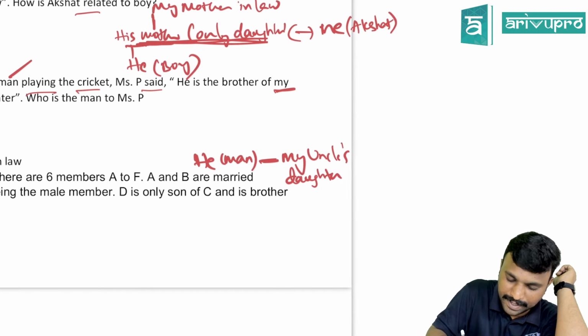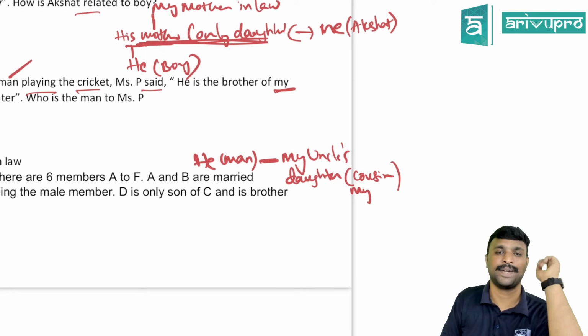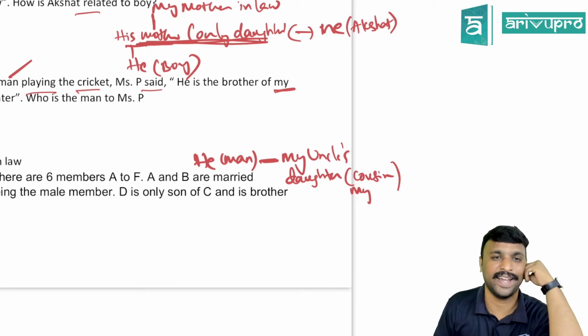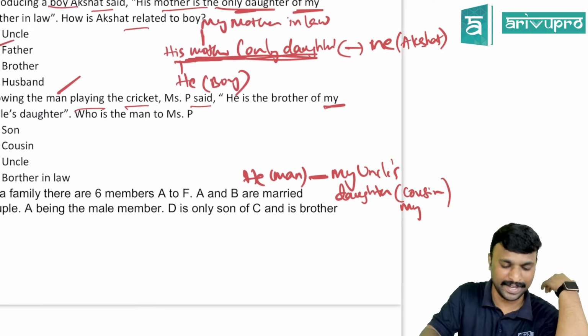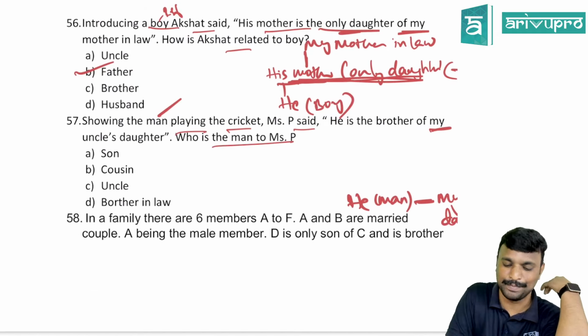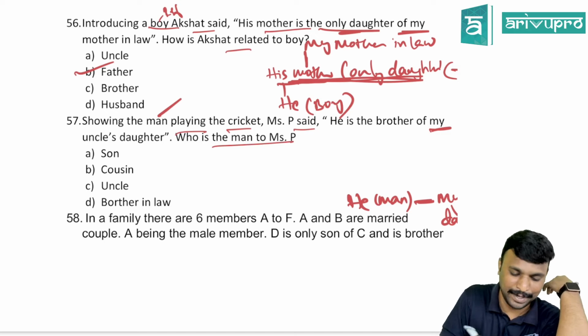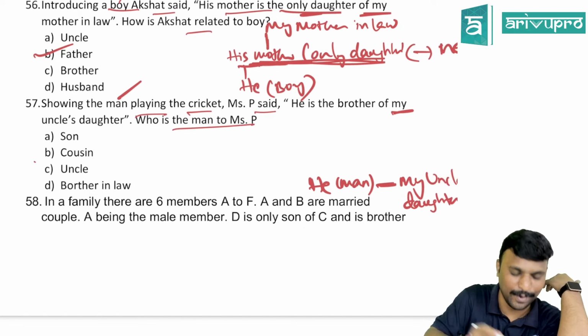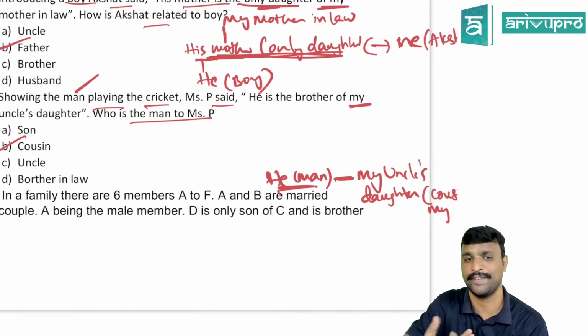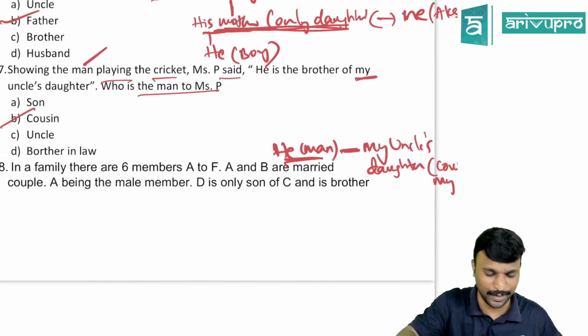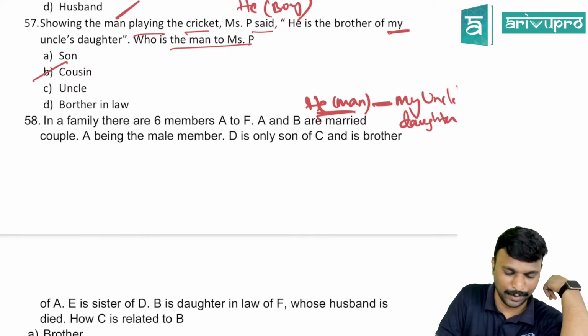Nothing but a cousin, right? Whose cousin? My cousin. Guys, brother of my cousin will be my cousin only, right? Brother of my cousin or sister of my cousin will be my cousin only. Who is the man to Miss P? Man to Miss P is a cousin only. Because he is a brother to my cousin. Definitely brother to my cousin is my cousin only. That means P's cousin only.